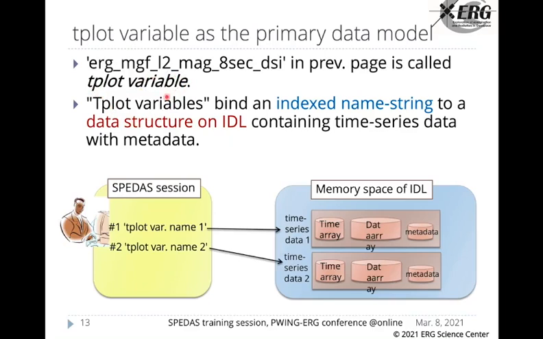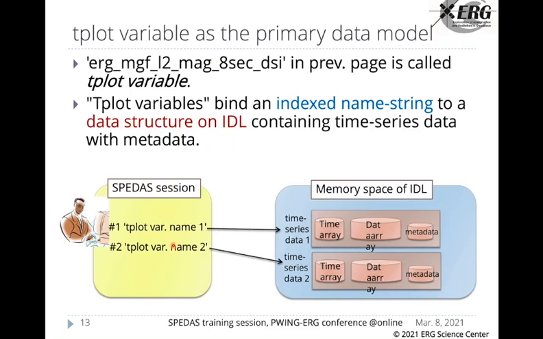This tplot variable is just an IDL string on IDL, but behind the IDL session, it is actually linked to some data structures and data arrays on IDL memory, which contain the time series data with metadata, which describes the data themselves.